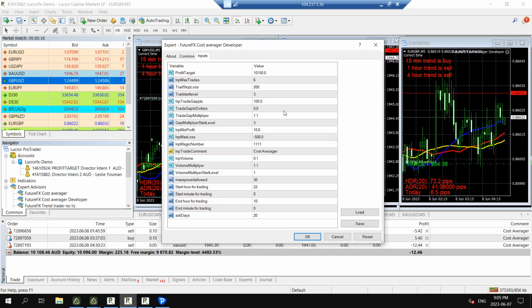You may come across a situation where setting it as points really doesn't work. I've come across that. I believe it was on an Envy account with US Tech, as they call it.